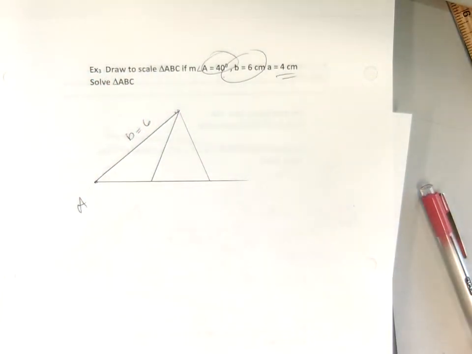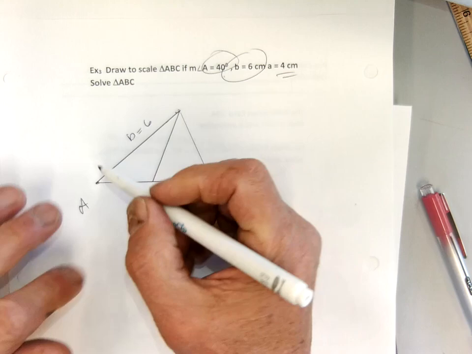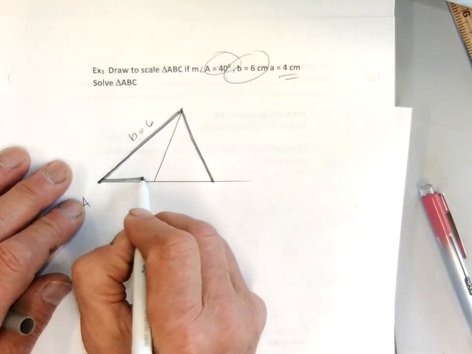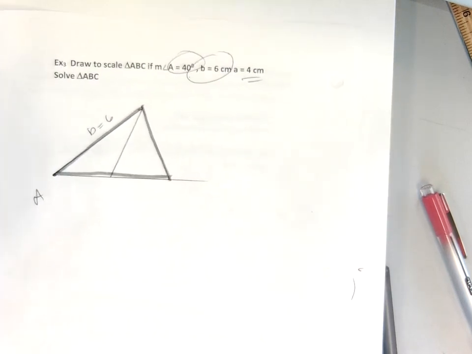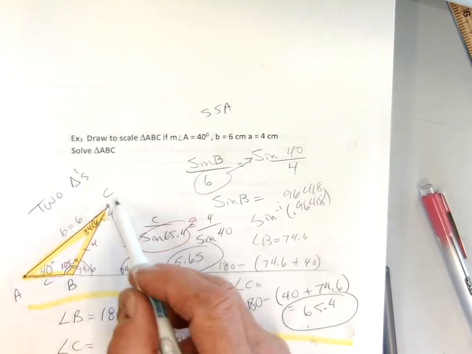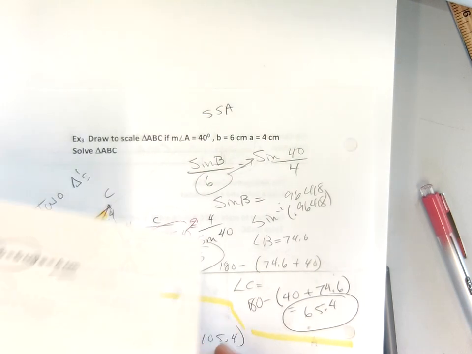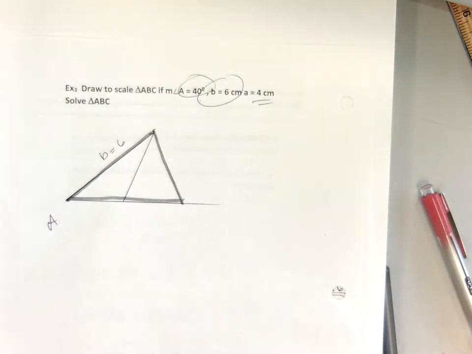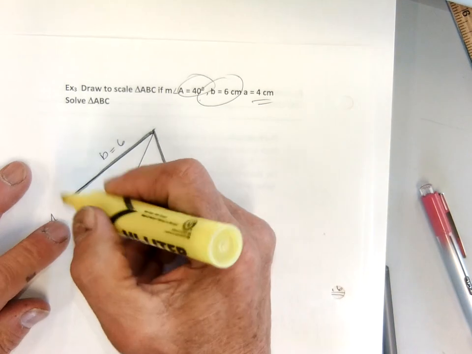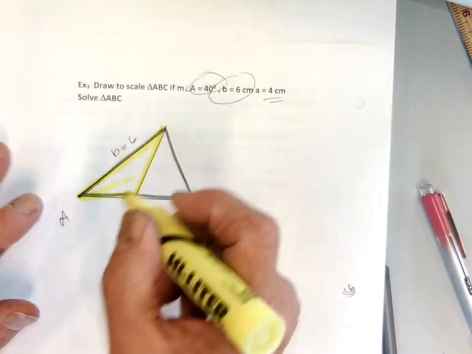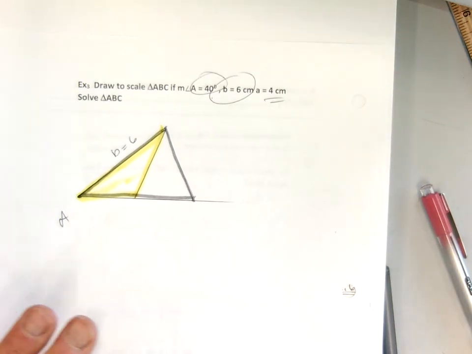One is the one we all first suspected, this big one in gray, which I solved using the law of sines. Or you could also have a second triangle right in here, and both triangles are correct.